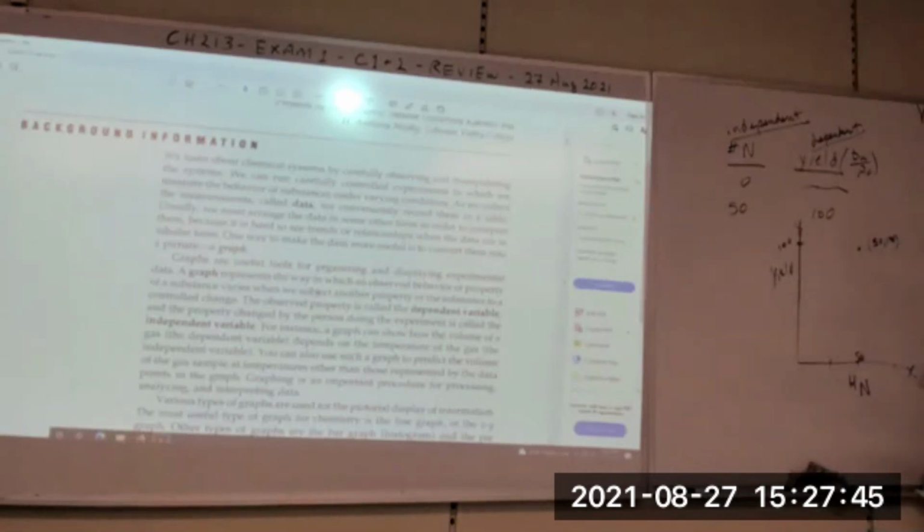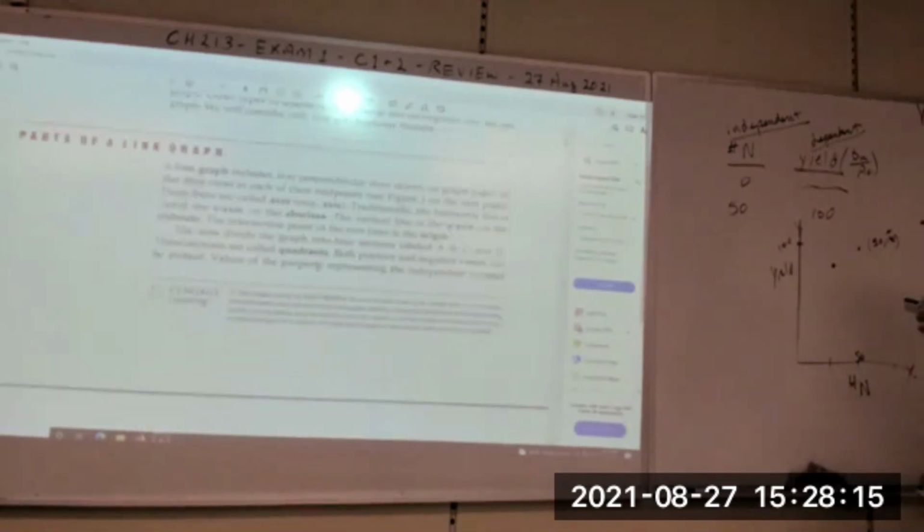And what's likely to happen is, as you increase the amount of nitrogen, you increase your yield up to a point that it kind of flattens out. This is known as direct proportion. As this one increases, that one increases. So this is a Cartesian system, x, y axis.